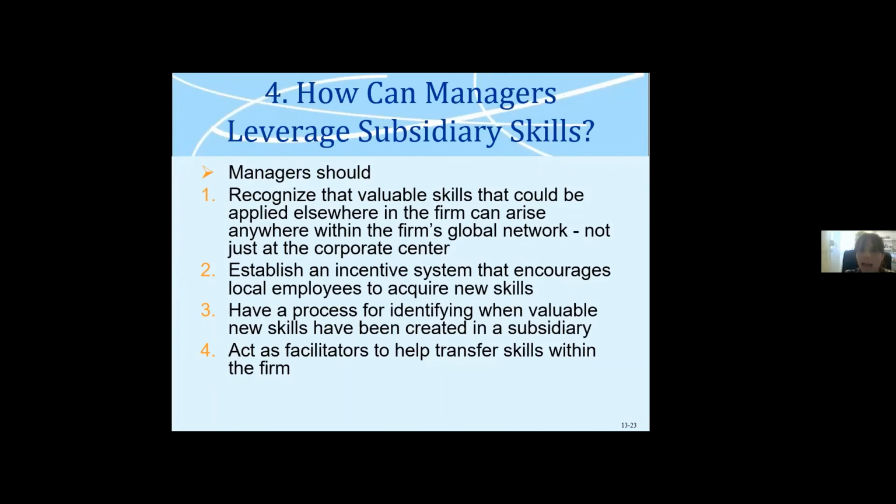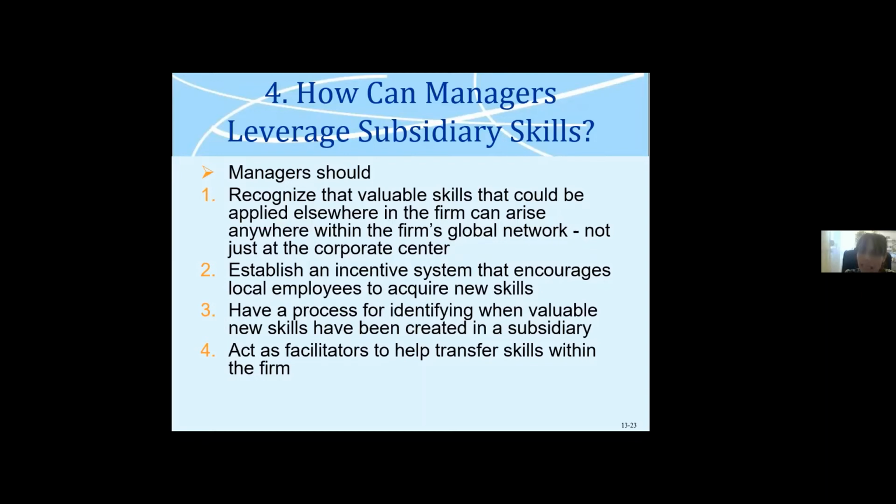The last question: how can managers leverage subsidiary skills? When we discuss the core competencies of a specific firm, the idea is that valuable skills are developed first at home and then transferred to foreign operations. However, for more mature multinationals that have already established a network of subsidiary operations in foreign markets, the development of valuable skills can just as well occur in foreign subsidiaries.